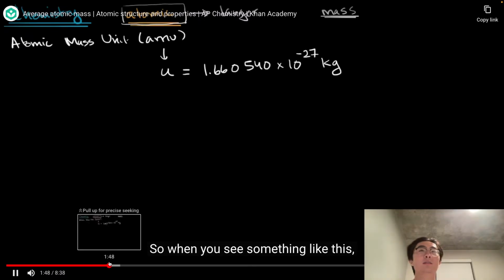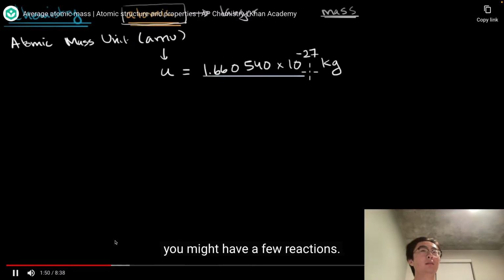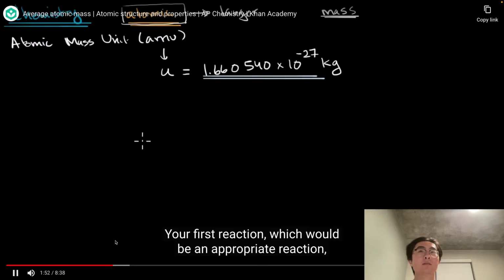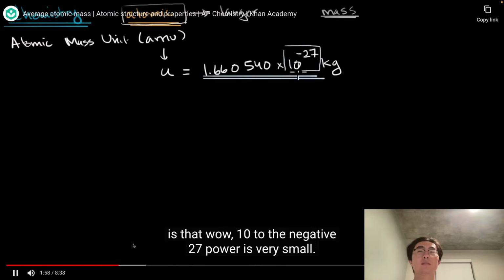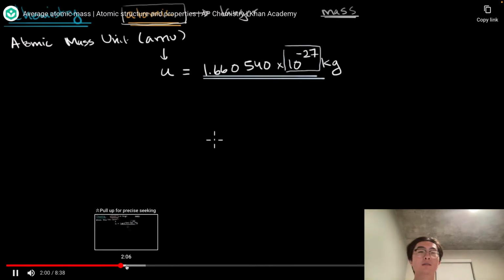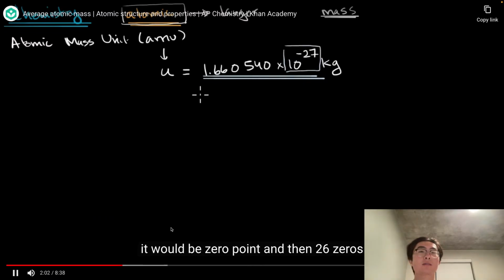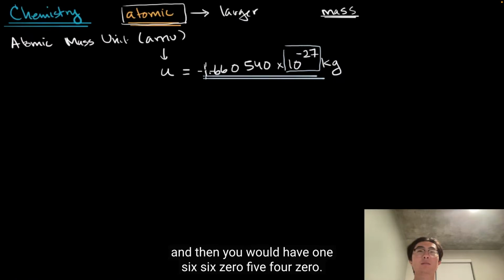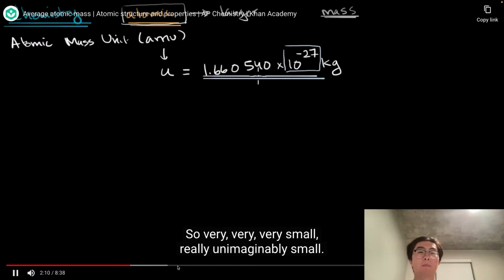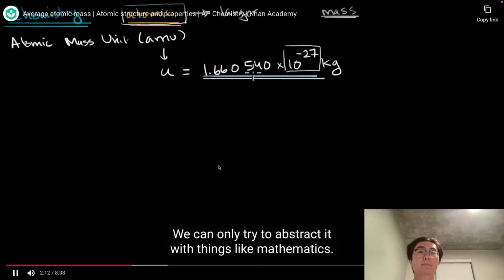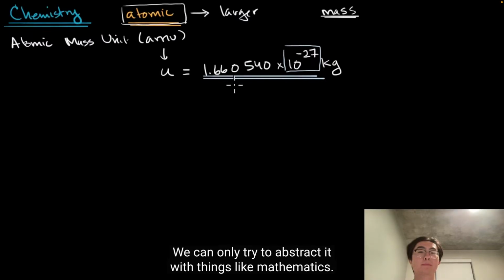So when you see something like this, you might have a few reactions. Your first reaction, which would be an appropriate reaction, is that, wow, 10 to the negative 27 power is very small. To appreciate it, you could write it out. It would be 0 point and then 26 zeros, and then you would have 1660540. So very, very, very small, really unimaginably small. We can only try to abstract it with things like mathematics.